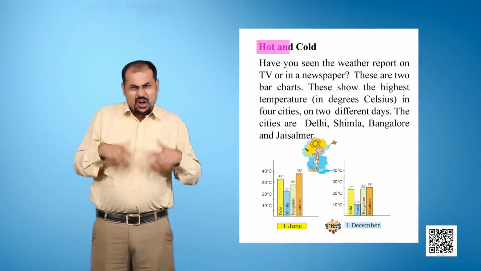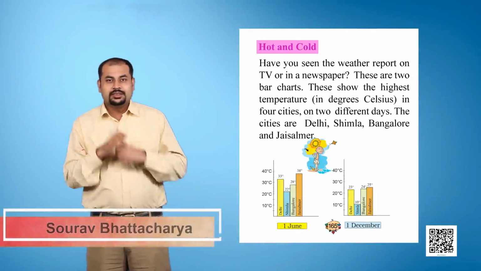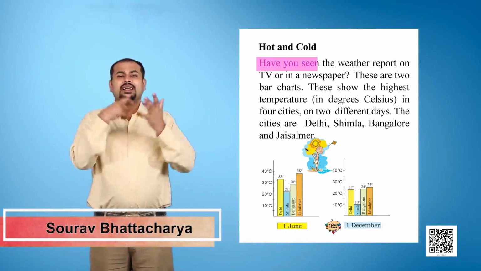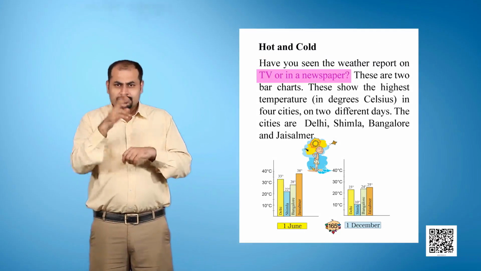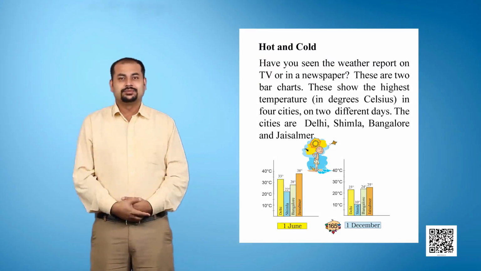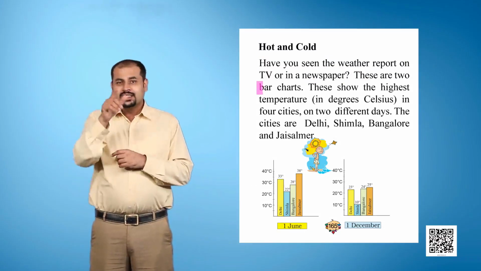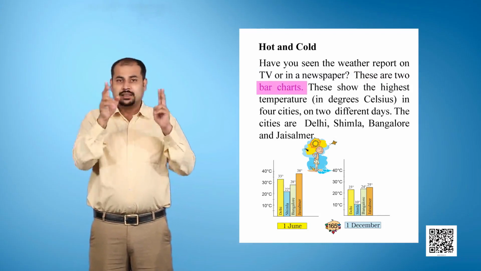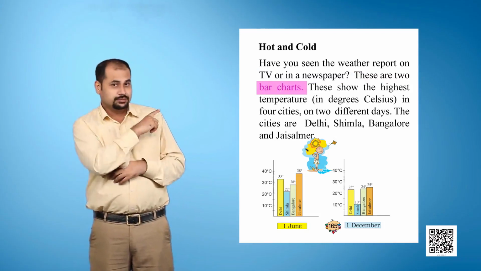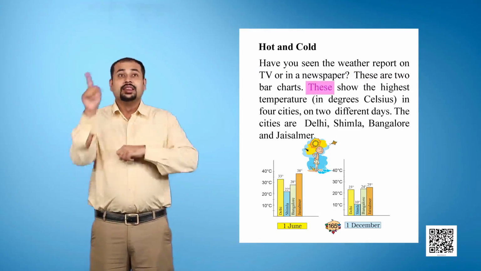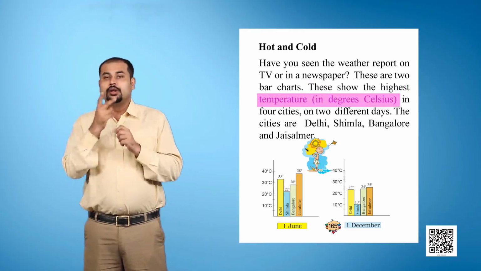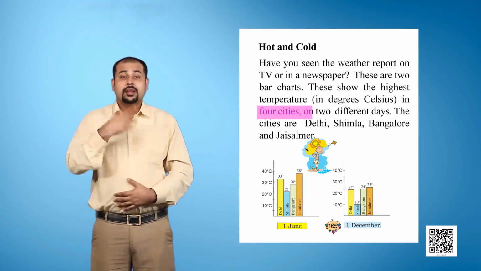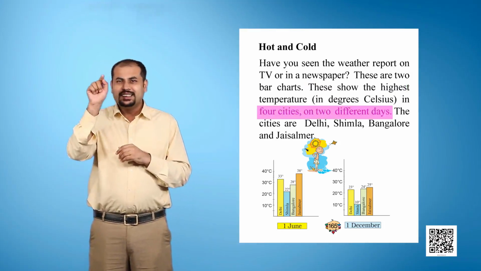Hot and cold. Have you seen the weather report on TV or in a newspaper? These are two bar charts. These show the highest temperature in degrees Celsius in 4 cities on 2 different days.